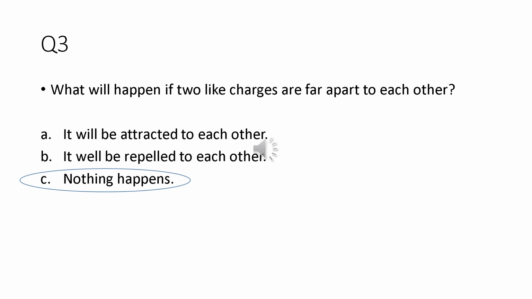And last but not the least, what will happen if two like charges are far apart from each other? So nothing happens, even though they are like charges, because the distance has affected the force. So if they are far from each other, then the force is weak.